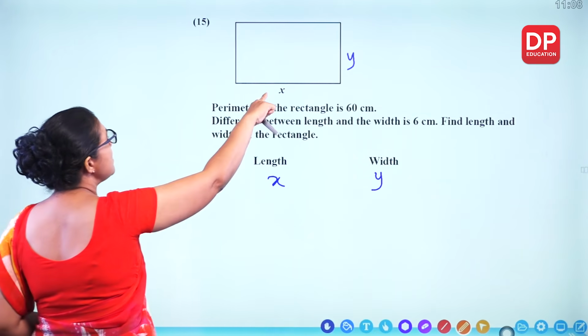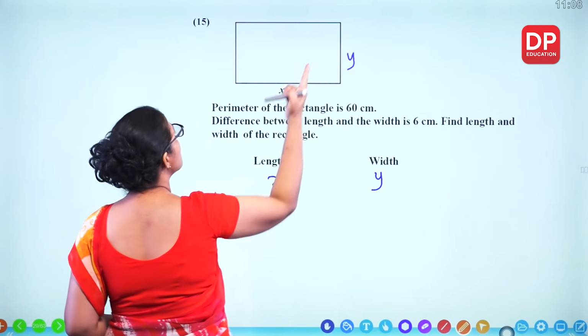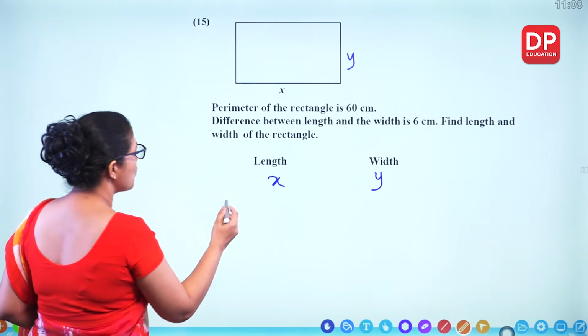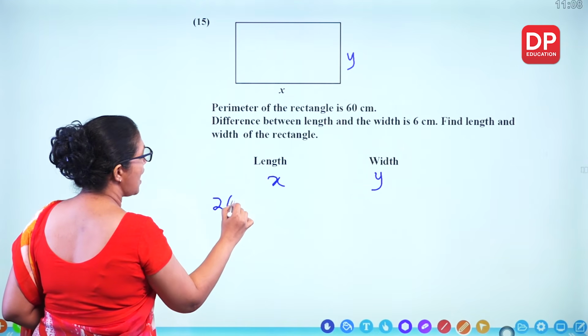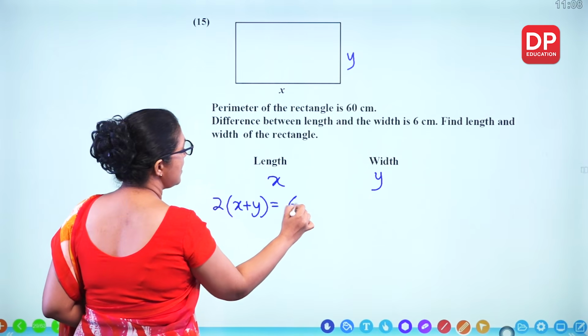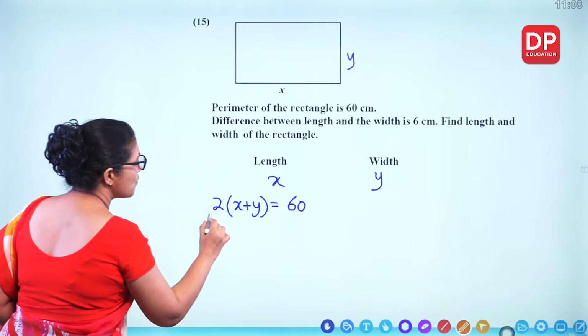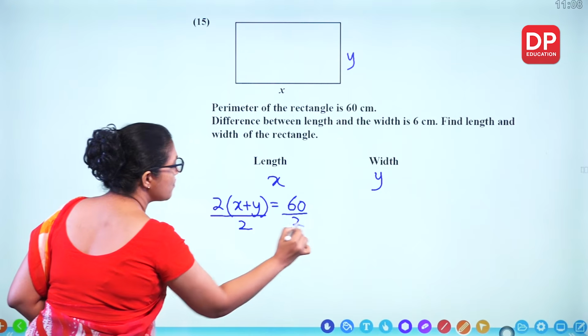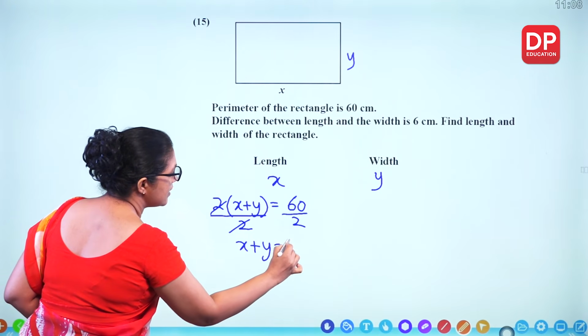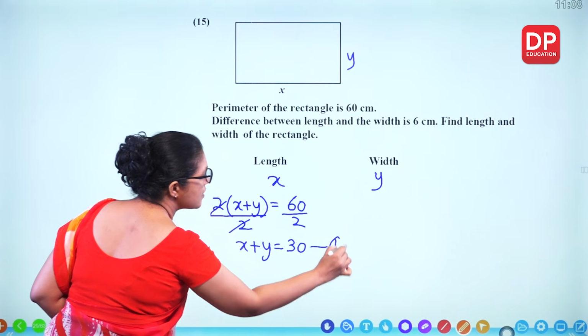So perimeter means x plus y plus x plus y. You can write 2 times x plus y. So I can write 2 times x plus y equals 60. That's the first one. I can divide the whole equation by 2 and write x plus y equals 30. That's my first equation.